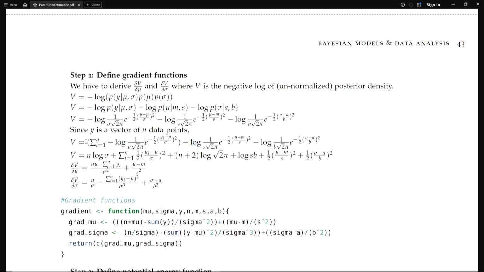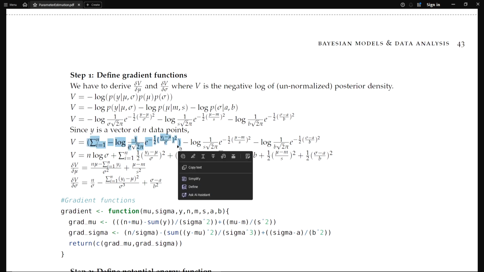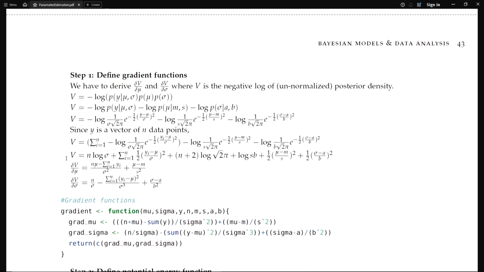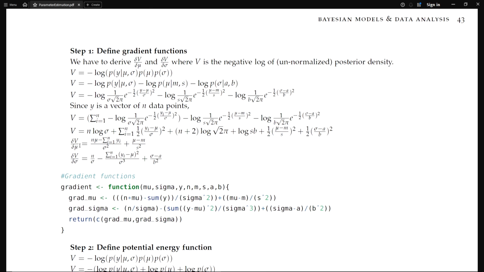The likelihood will be a joint likelihood, so I am taking the summation of the negative log of the likelihoods of each independent data point. This is the final form of the function. I simplify it a bit and expand some parts. So this is the final form of my potential energy, which is the negative log of likelihood into prior.